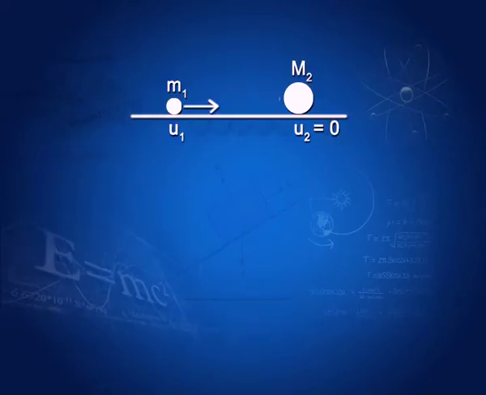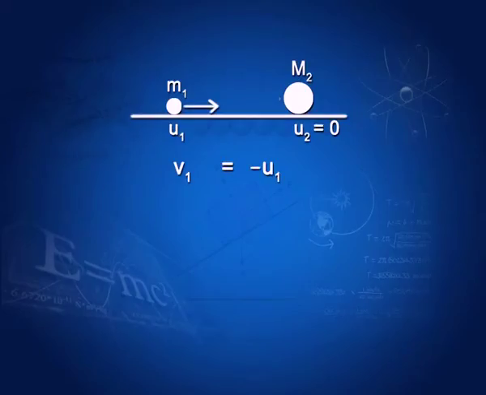That means this was not moving, and as this strikes, what will happen to the final velocities of the two? On using our equations 7 and 8 from our previous lesson, we can predict the value of v1, which is minus u1, and v2, which is equal to 0, which means this remains stationary, this goes and strikes it and rebounds.